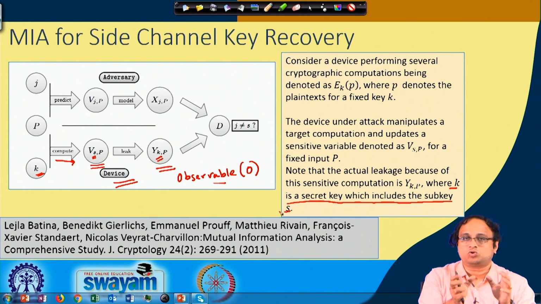So, that total key is denoted as small k, out of which I am interested in a part of the key, because I am doing a divide and conquer based attack.